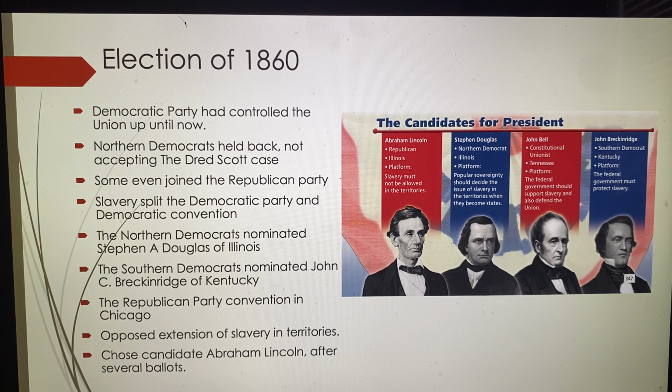Well, the Dred Scott case did not rule that. It basically, first of all, ruled that Dred Scott could not sue the United States because he wasn't a citizen. And also, he was a slave, the property of the slave owner's family.